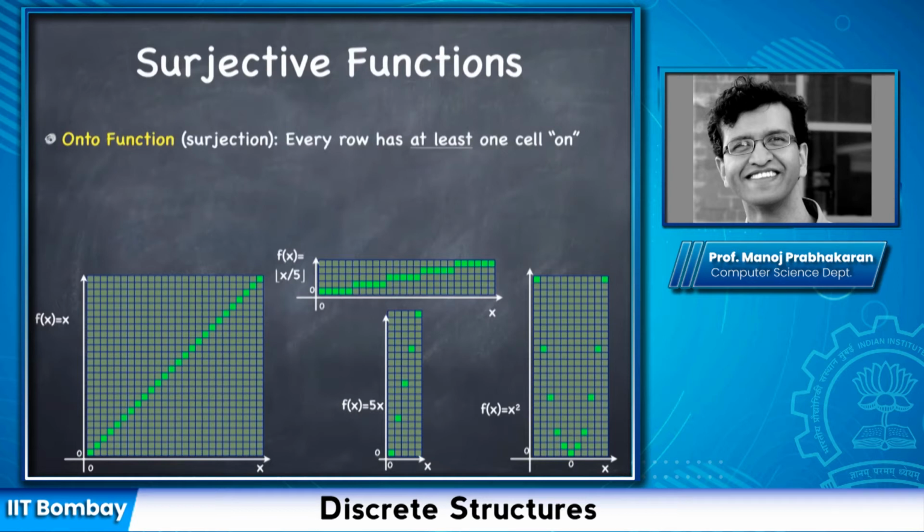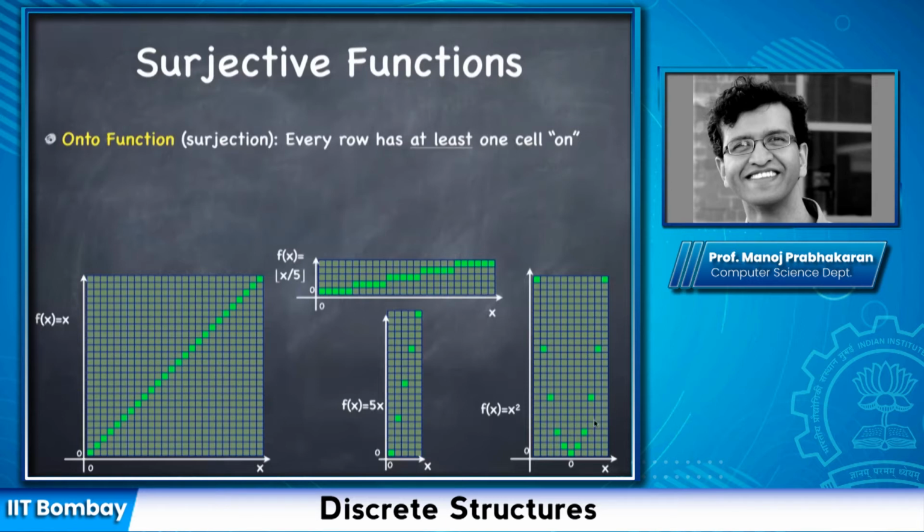So every row has at least one cell switched on. In the examples here, these two functions, f(x) equal to x and f(x) equal to 4x divided by 5, do satisfy that property. Whereas on the other hand, here you would see several rows that will not have any cells switched on.